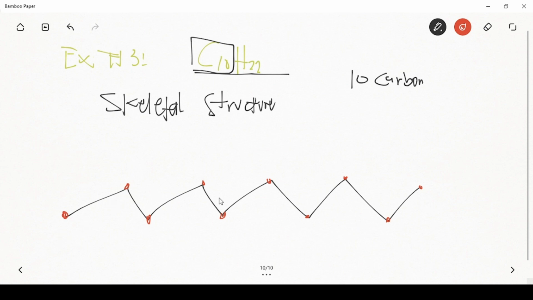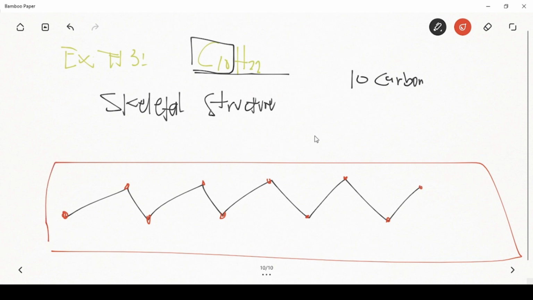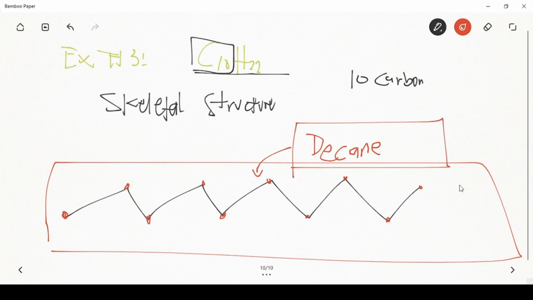So there are 10 edges, therefore the name of this skeletal structure is dec, which means 10, and it has only single bonds, therefore we must use the suffix ane. So this can be read as decane. Okay, gets? I hope so.